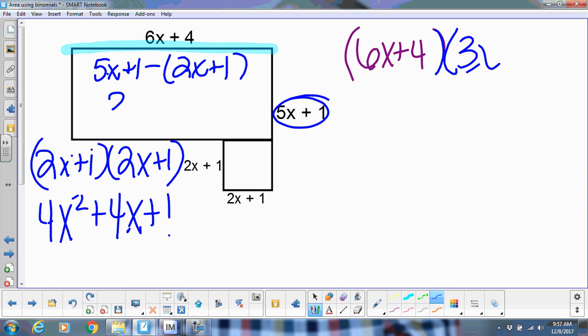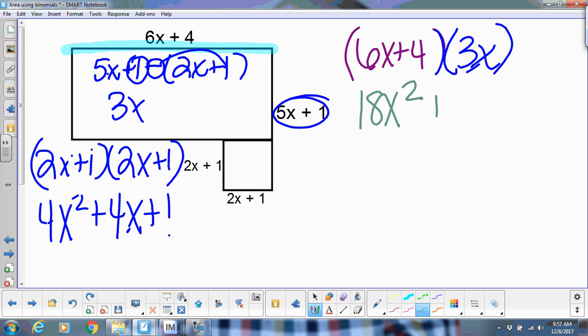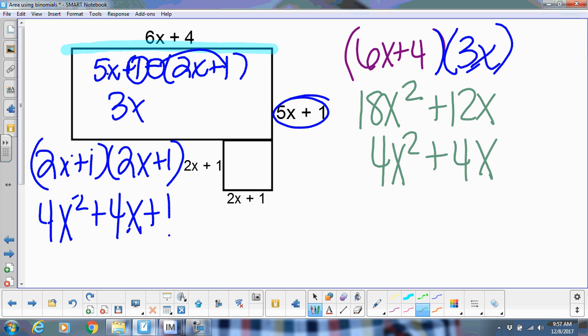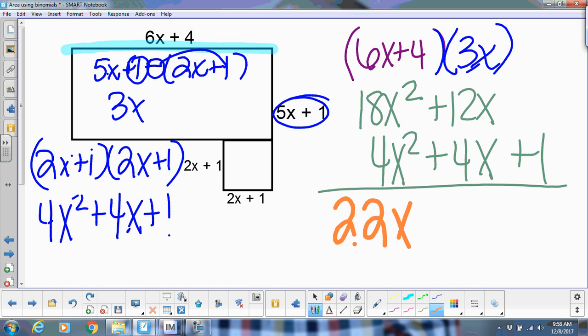And then 1 minus 1 is nothing. See, this is just 3x. So we're going to end up with 18x squared plus 12x. I'm going to add to that 4x squared plus 4x plus 1, making my final answer 22x squared plus 16x plus 1. Good.